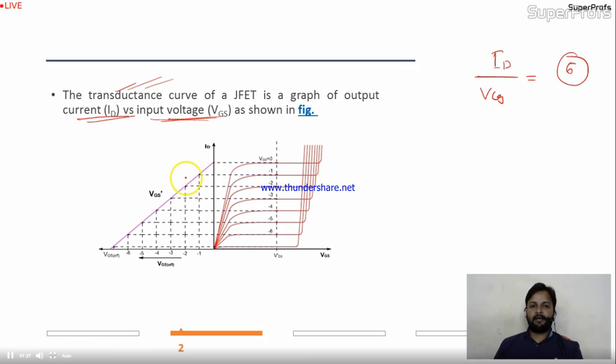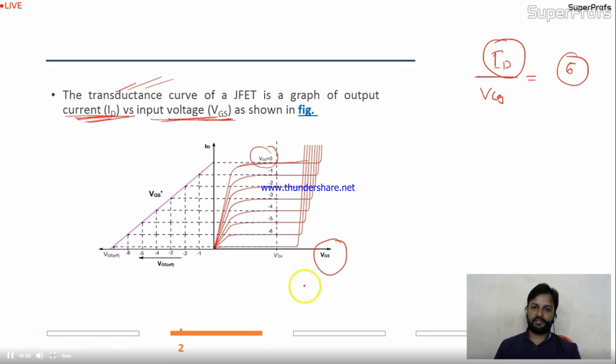So now your ID, the output current waveform, is given over here. Your ID is changing like this. At VGS equal to 0, it's this. At VGS is -1, it's like this. This is the graph or characteristics of the JFET with respect to VGS. But now you are looking at the variation in current ID with respect to VGS, the input stage.